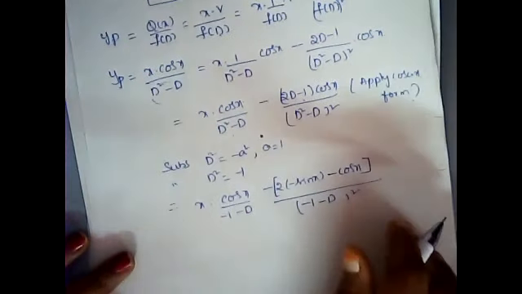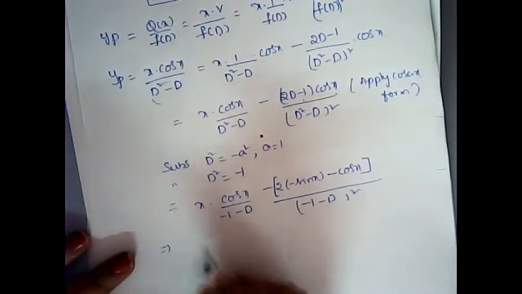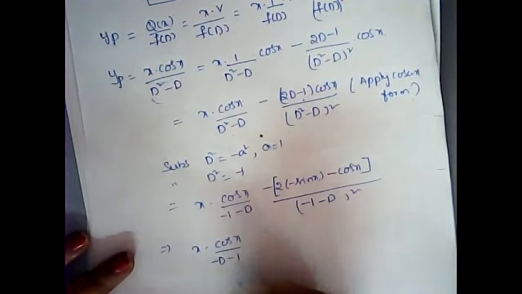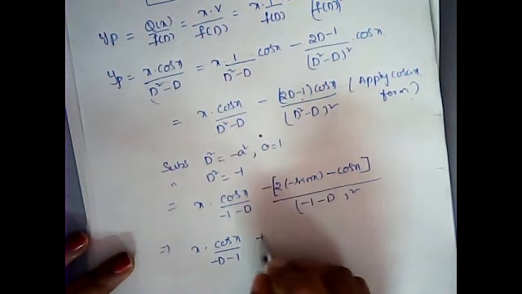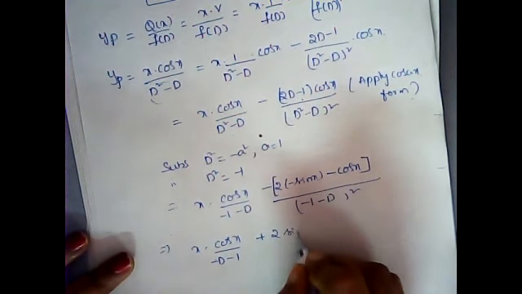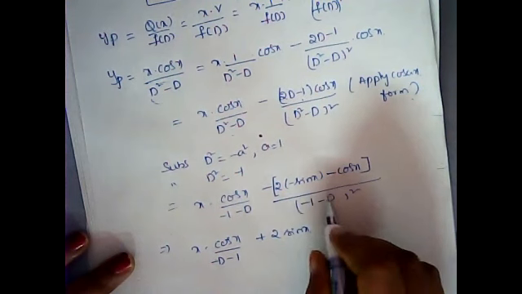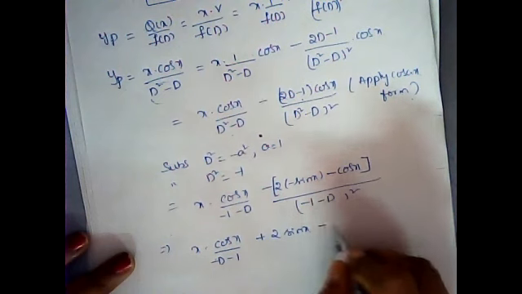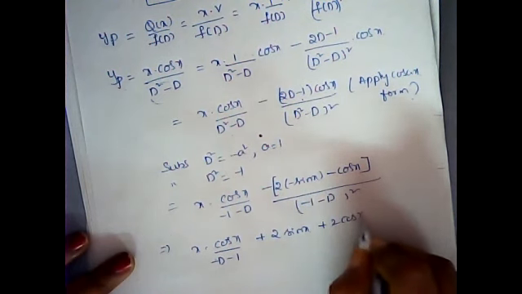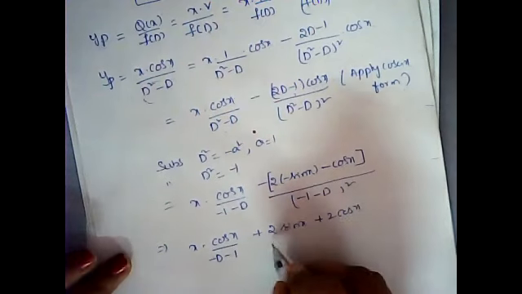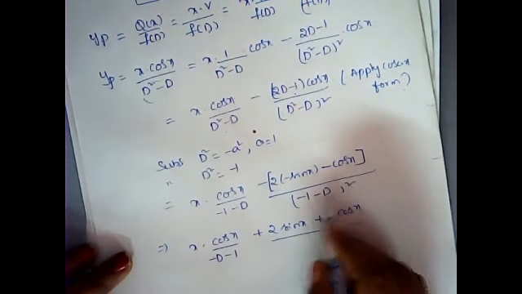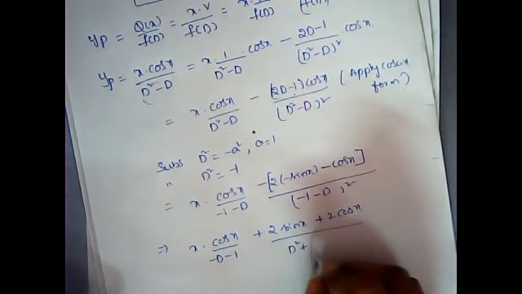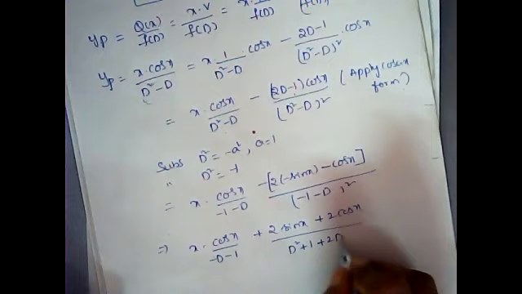Okay, so which will be here, x into cos x by minus D minus 1. So here it will become plus 2 sin x, and here also plus 2 cos x by D minus 1 minus D minus 1 whole square, will be here D square plus 1 plus 2D.